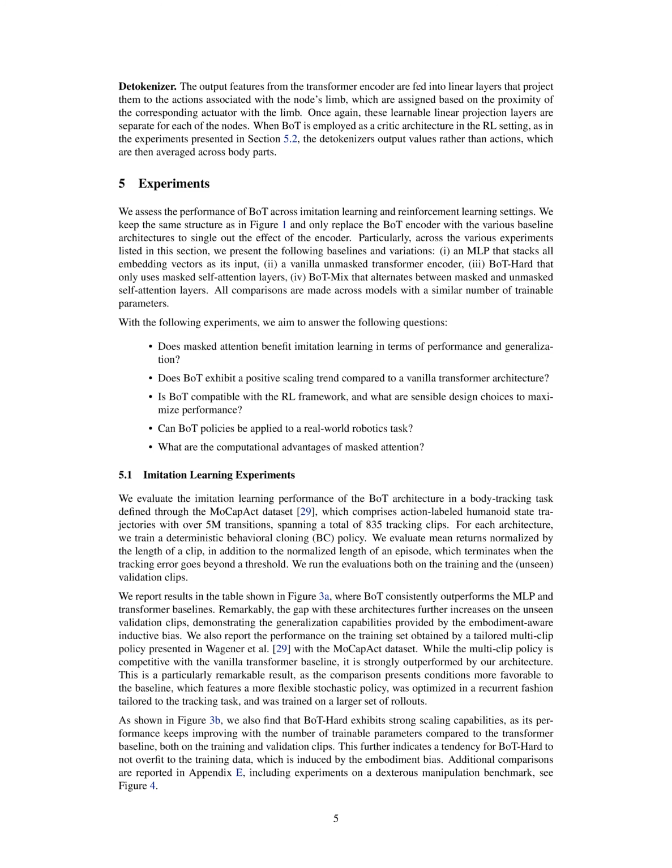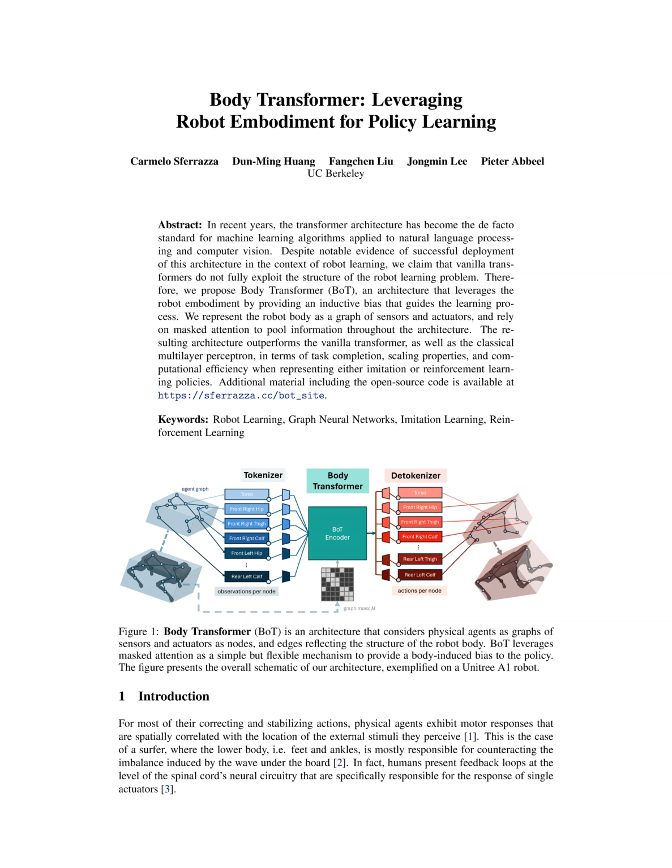After the transformer encoder processes these embeddings, the detokenizer takes the output features and projects them back into actions associated with each limb's actuator using separate learnable linear layers. This structured approach ensures that the actions generated are closely aligned with the robot's physical embodiment, allowing for effective control and response to environmental stimuli.